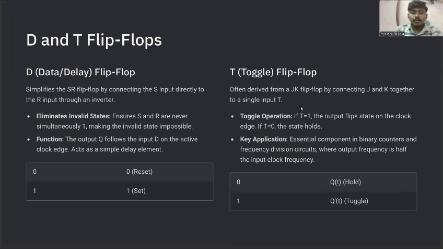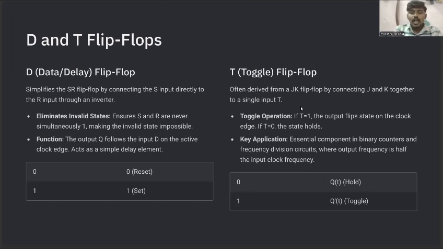D flip-flop has only one input called D. Let's move on to its operation. Output Q follows the input D on the next clock pulse. In short, Q equal to D, as a set or reset condition.